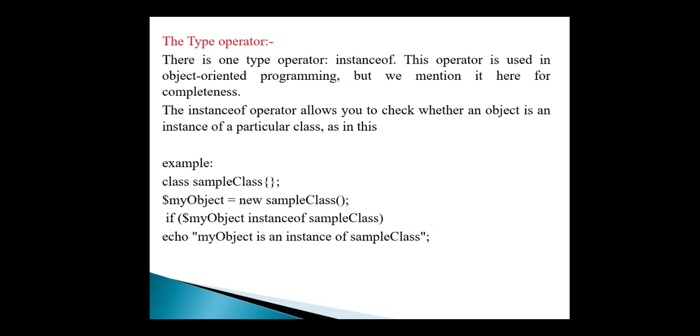We are creating the object for the SampleClass and using the if condition to check it. If $myObject instanceof SampleClass, then echo, so that the output should be my object is an instance of SampleClass. So you can see how the object is created. While creating the object also you should use the dollar symbol.